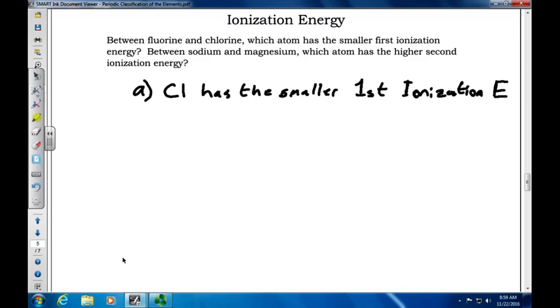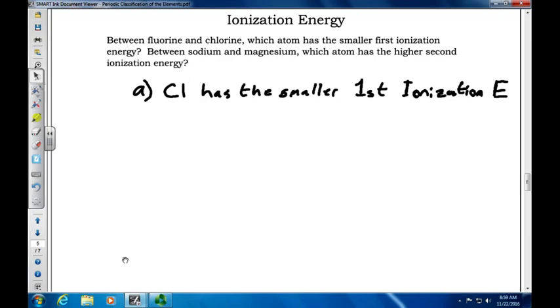If you put those parts together, you can easily see that chlorine would have the smaller first ionization energy, simply because those electrons are further out and the nucleus has less of a hold on them. In fluorine, all the electrons are pulled tight in, so it would be very difficult for fluorine to become ionic. Even though it readily does become ionic in many instances, the idea is with respect to one another, which one is going to be easier to make ionic than the other.